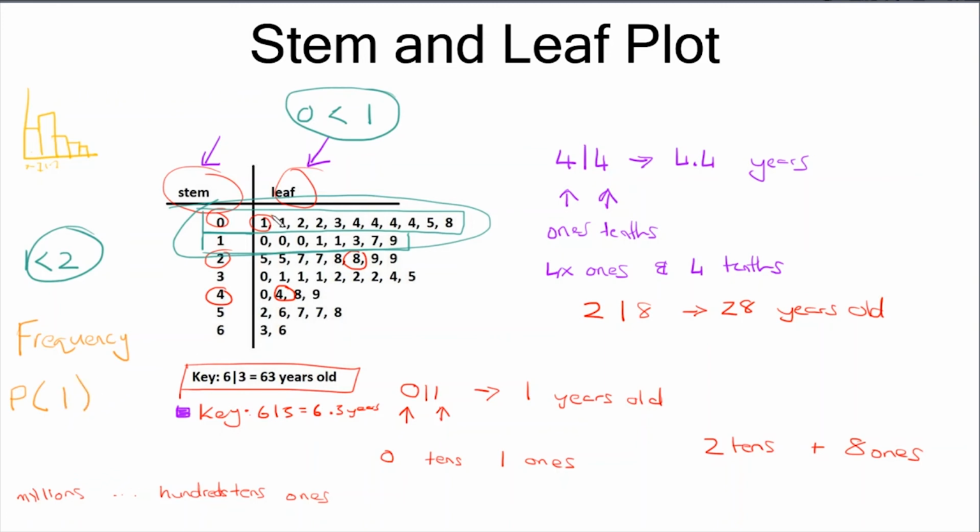We need to look at this row here. We have a 1 here and a 1 here, so that's 2. How many are in the data set overall? There's a lot, so we're just going to say n. So 2 of all the values that we look at are equal to 1, and we can see the frequency of that. But you can also see the frequency of 4, or you can see the frequency of 38, which is 0. It doesn't exist. There should be an 8 there if there was one.